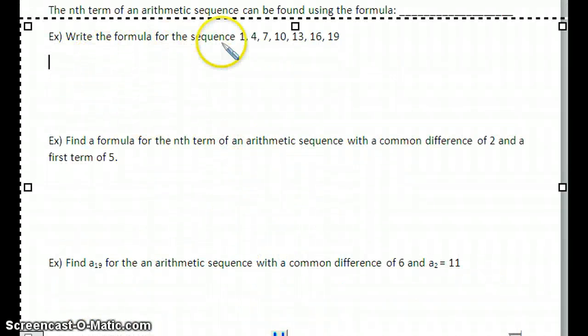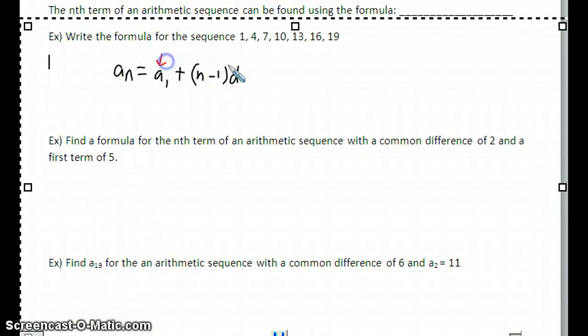So if I want you to write the formula for the sequence that we were dealing with, we need to take the generic form, or the formula. So I'll write it down here for you. And the things that we need to know in this formula are the first term and the common difference. Now we've already found that because we've already looked at this example: the first term would be 1.